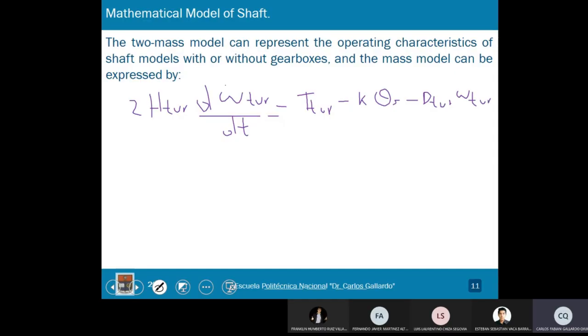This is my first equation, and this equation is for the turbine.